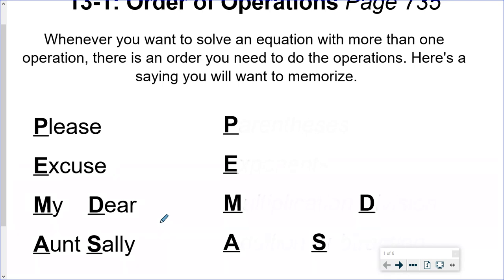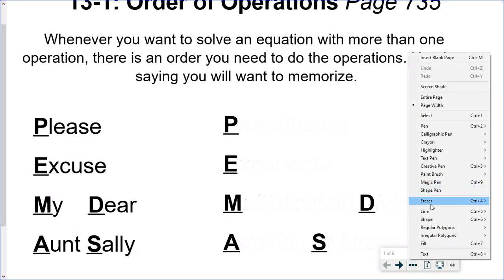Well, the reason why I have students memorize that sentence is because the first letter of each word is going to tell you what order you should be doing your operations. So I'm going to go through what each one of those letters means right now, and then we're going to go through a couple of examples together.